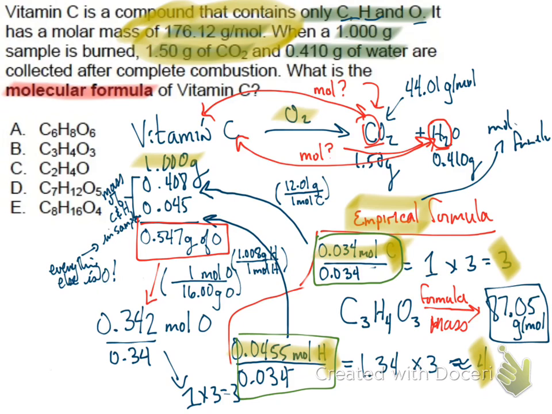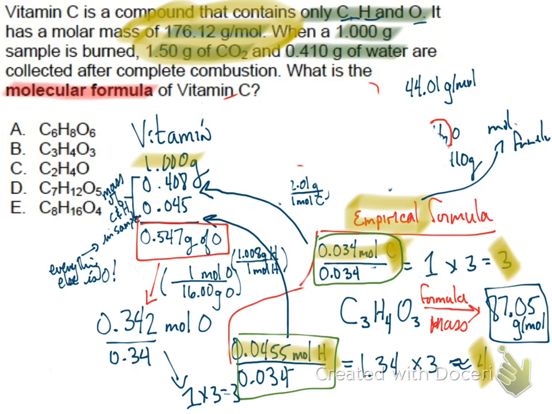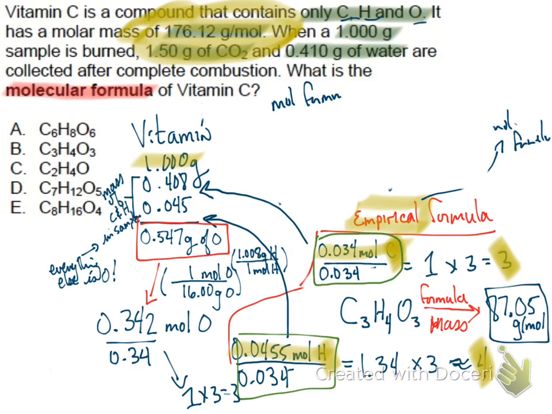I'm going to have to erase some more things. We'll get rid of this. Alright, and so what we find is that if we take our molecular formula and then we divide it by our empirical formula, it'll tell us how far off we are.